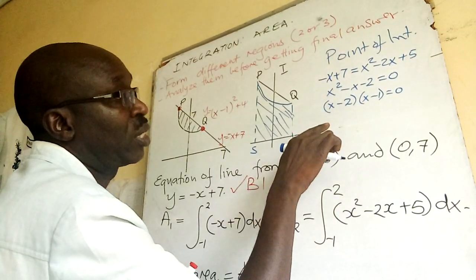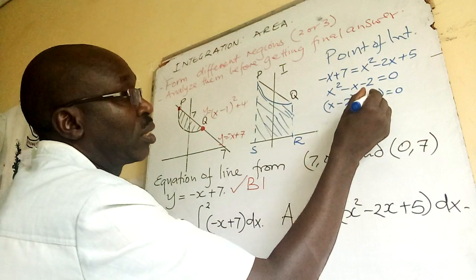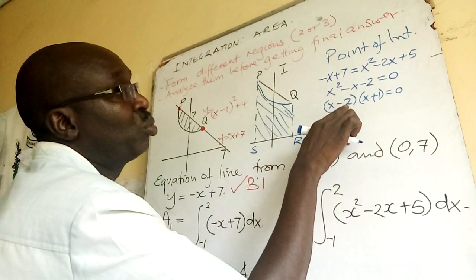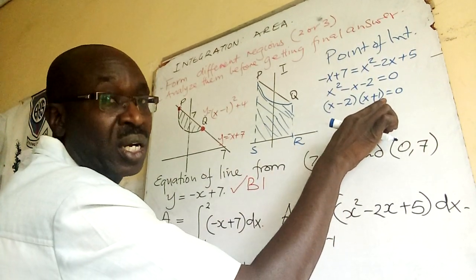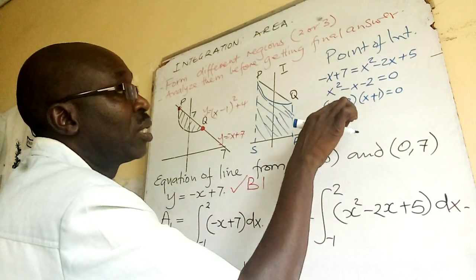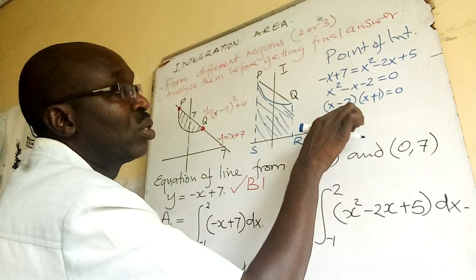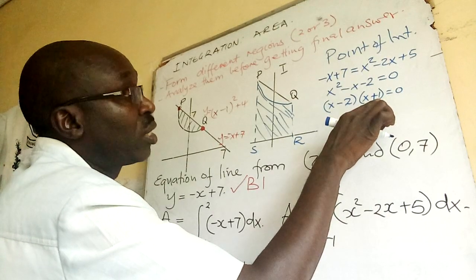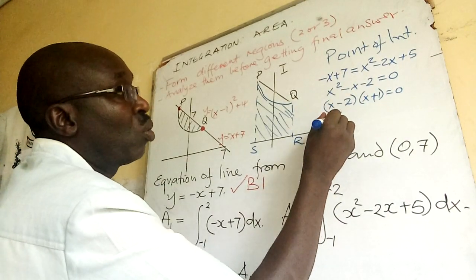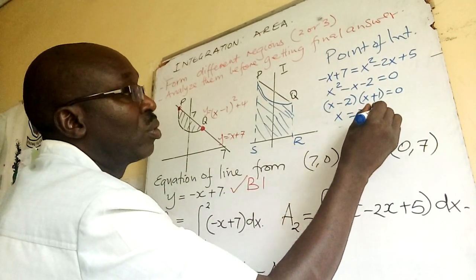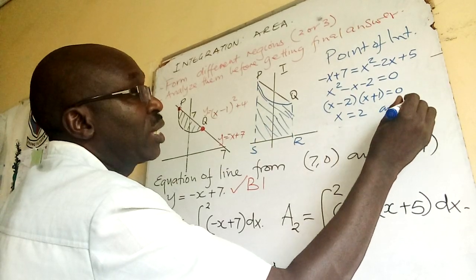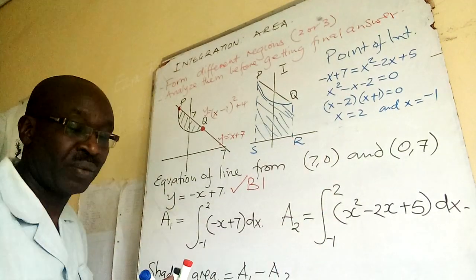Let us counter check. Negative 2 plus 1, it is negative 1. Negative 2 times positive 1 is negative 2. So our x can be 2 and x can be negative 1.